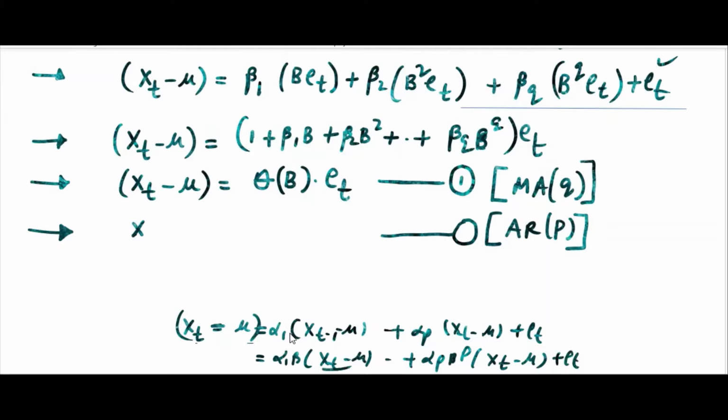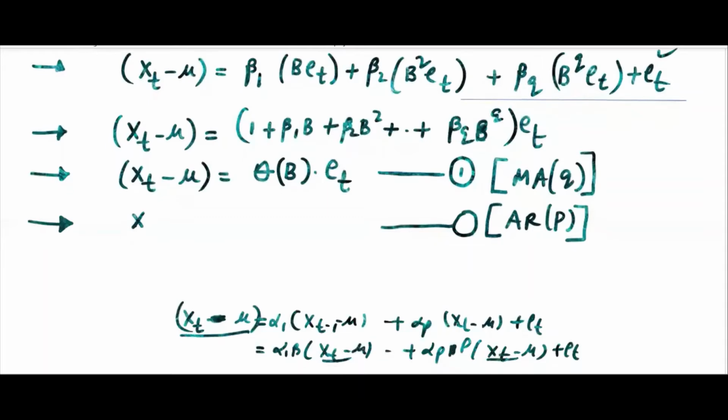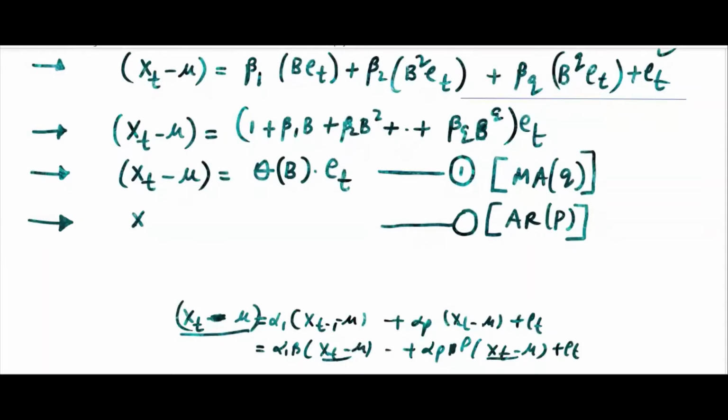If you take X_t minus mu common, you take everything to the left hand side. You can go through previous videos. In that case, what will happen? 1 minus alpha 1 B you will get. If you take X_t minus mu common, you will get 1. You have to bring everything to this side.